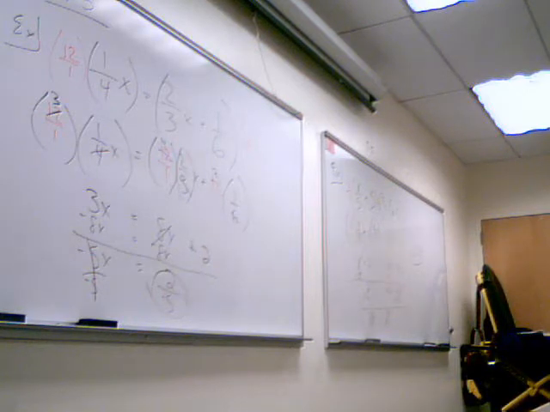That's going to change your signs, right? So you're going to have negative 6 sevenths x, and then you're trying to combine that with plus 7x, and then plus 1/6 there.